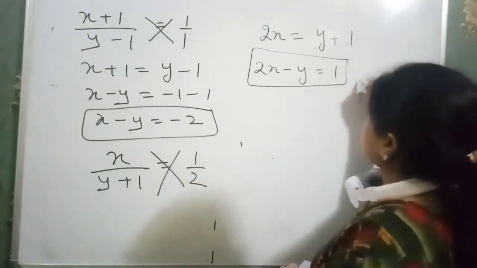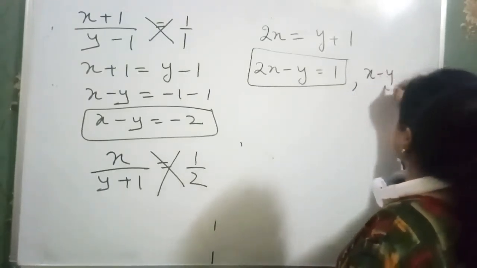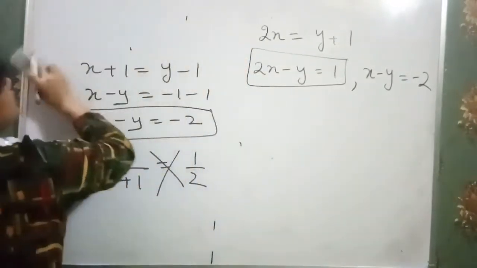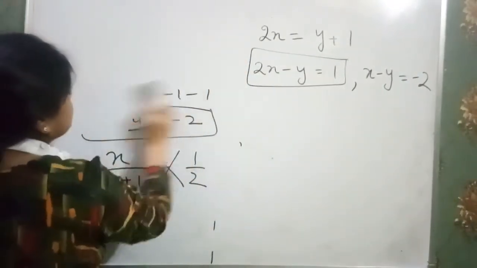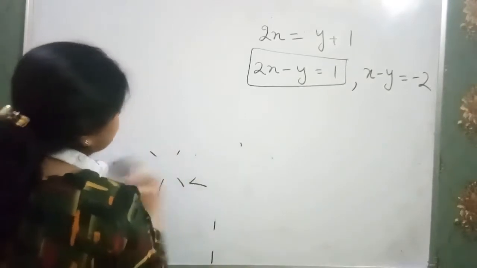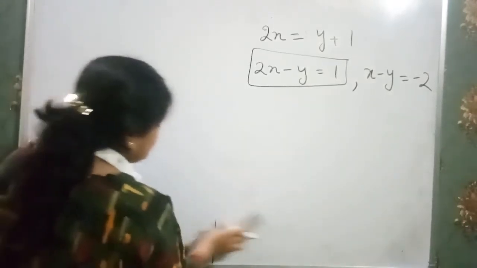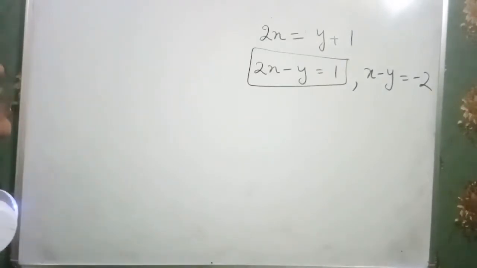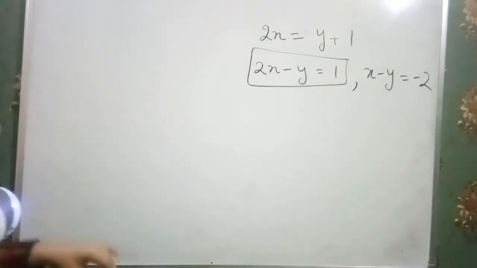So we have the next equation, x minus y is equal to minus 2. We can solve it also by the substitution method, by cross multiplication. Any method you can use. Now in this question I am going to use the cross multiplication method, because in the earlier question I used the elimination method.